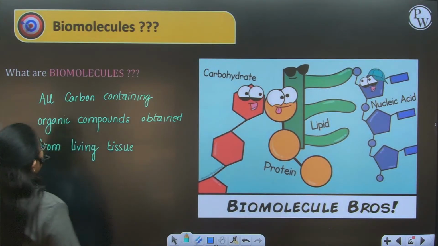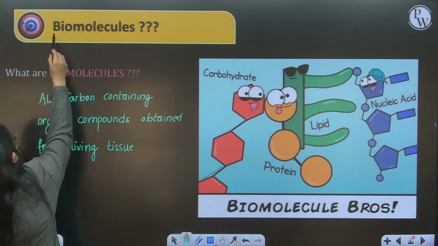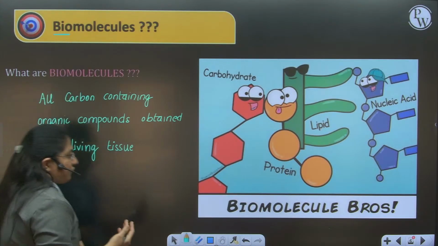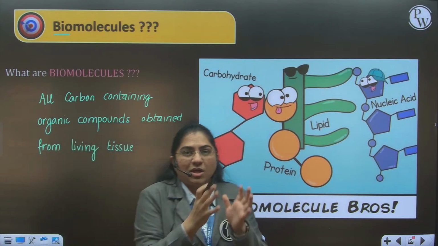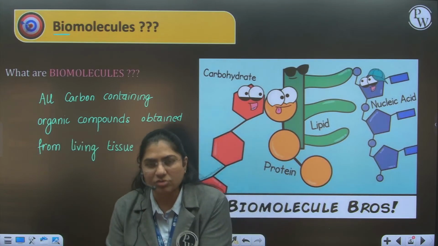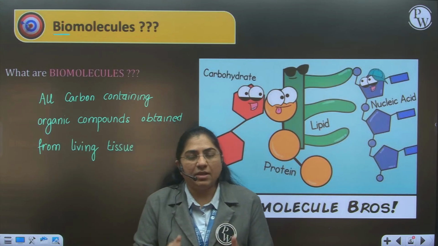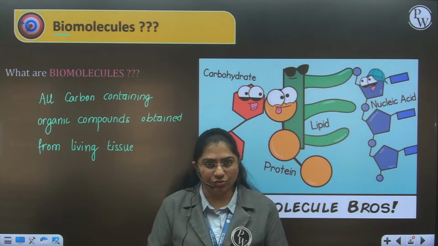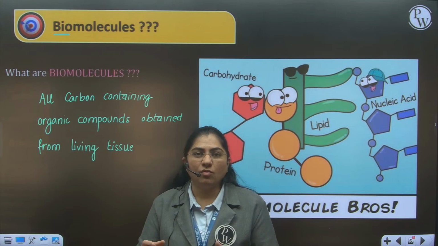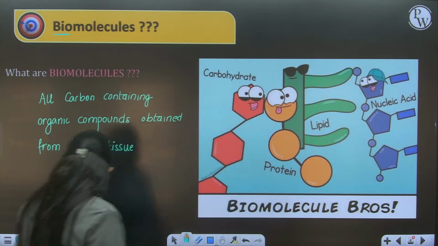Now, when we talk about biomolecules, we know bios means life. The molecules which are organic compounds, the carbon-containing organic compounds that are obtained from the living tissues, are called biomolecules. Okay.